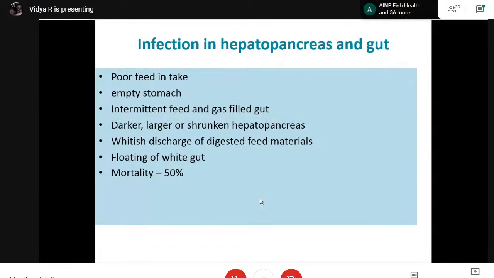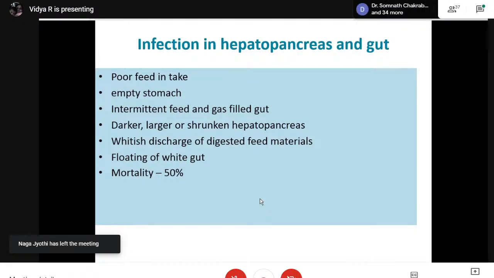The most important part of these vibrios is the infection in the hepatopancreas and the gut. If the gut or the digestive organ is impaired, the animal cannot take the feed. Their stomach will be empty, or if it eats, only intermittent feeding happens, and there will be gas filling in the stomach.